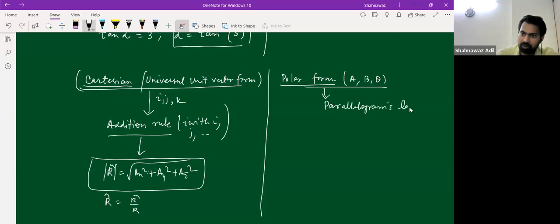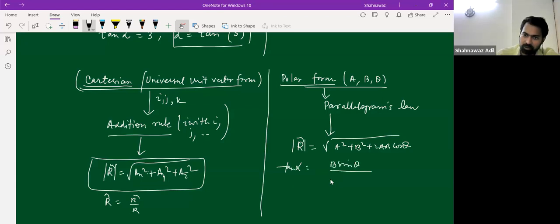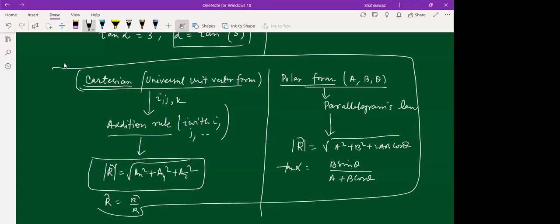In the parallelogram law, we find the magnitude as this, and the angle is this. Okay, so this we must remember. Understood, guys? Yes, sir.